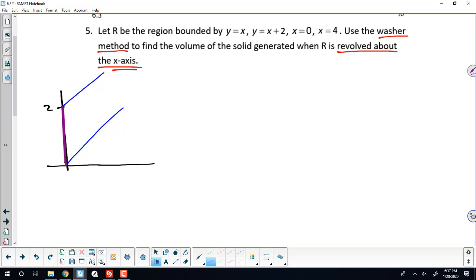And x equals 4, so that's somewhere over here too. Maybe we don't want to draw all of this. We just want to think about the region that's shared by all of these. So it's this parallelogram that we're revolving around the x-axis.